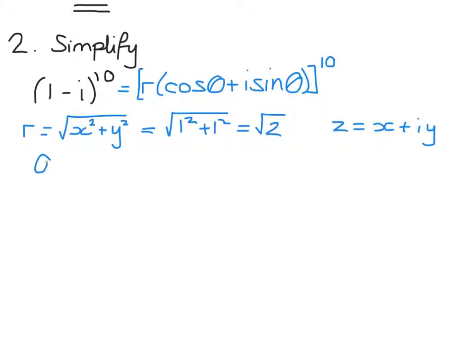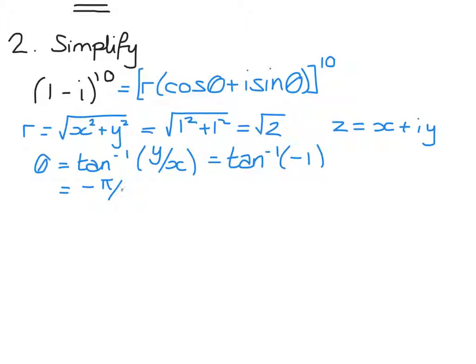And we know that theta is tan to the minus 1 of y over x, which in this case is tan to the minus 1 of minus 1, which is equal to minus pi over 4.